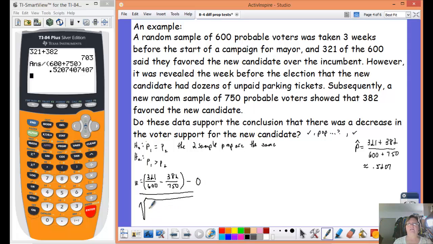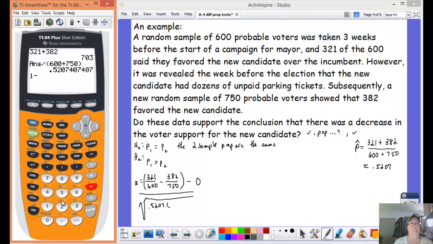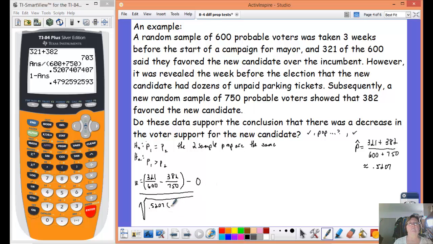Alright, here on our standard error, 0.5207 times the complement of that, 0.4793, multiplied by 1 over 600 plus 1 over 750. Now that's going to be quite a chunk to put in the calculator, so I'm going to ask you to stop the tape and let's do that computation.